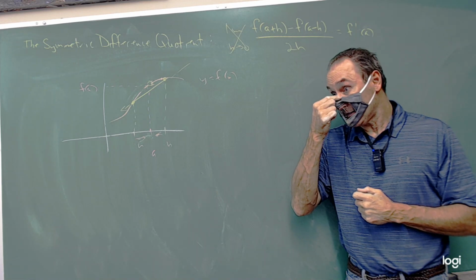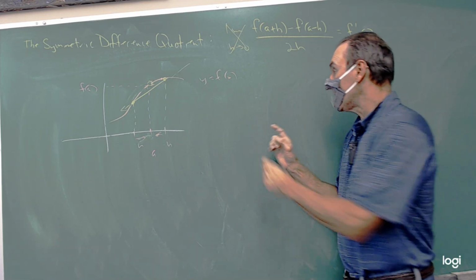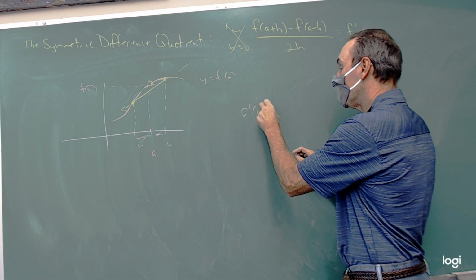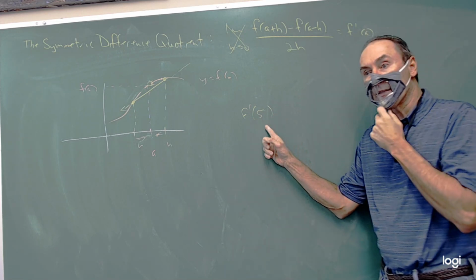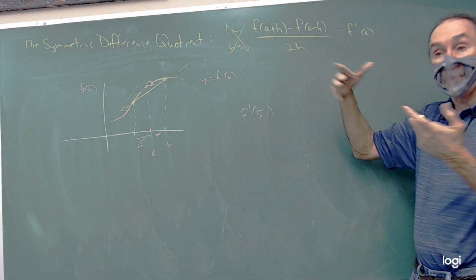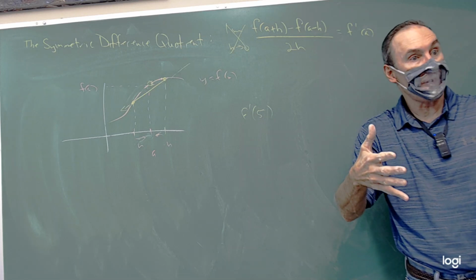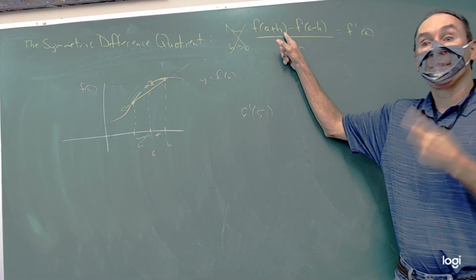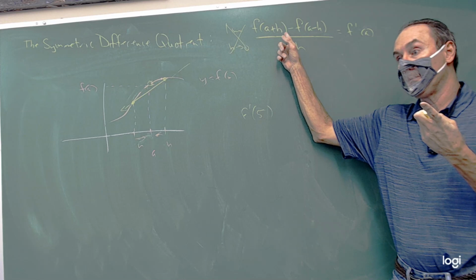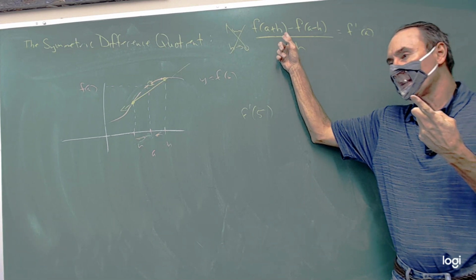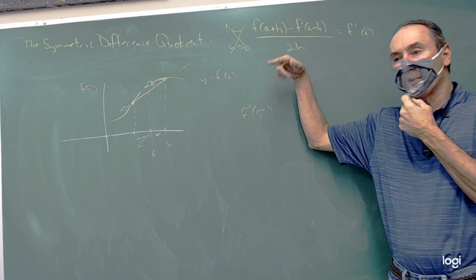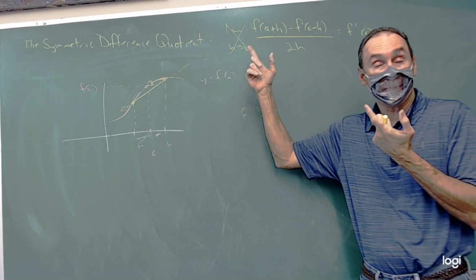But what our calculator is going to do, when we say, what is, say, f prime of 5, is just like you were doing in the very beginning of this chapter, it's going to plug in a very small number for h. And I think it's like 1/1000th. It's either 1/1000th or 1/10,000.